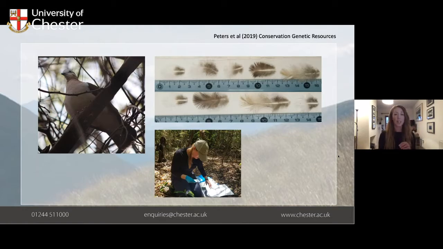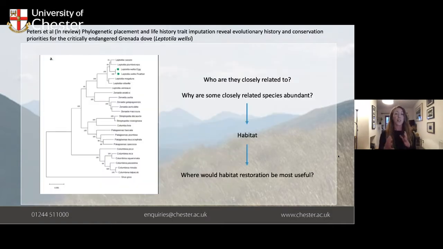During time in Granada, she's been collecting these small feathers from the forest floor, from the dry forest habitat. And she's pioneered a technique which means that she can extract usable DNA from these tiny feathers to gain genetic resources. She's rolled out that method and she's been able to gain some really interesting results.